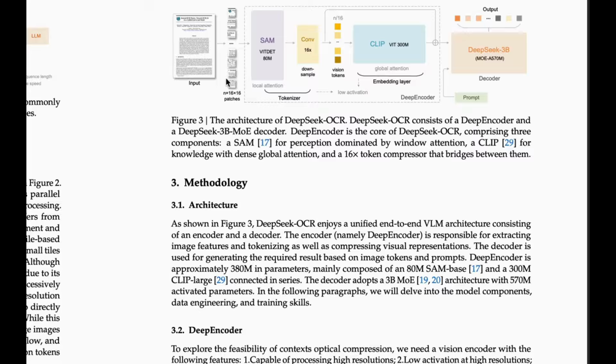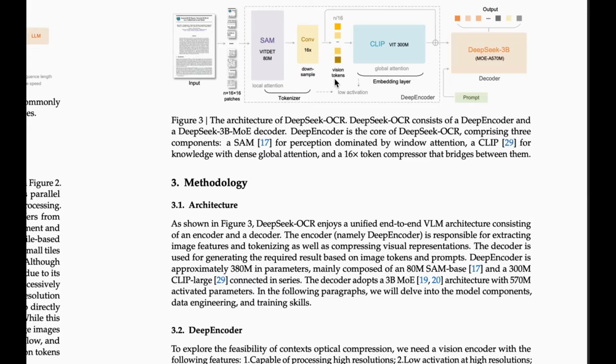Then it uses SAM base, which has 80 million parameters. Then you have a window attention, where for each patch they only look at the neighbors. This keeps your memory very, very low. It's entirely local SAM attention, I can say.